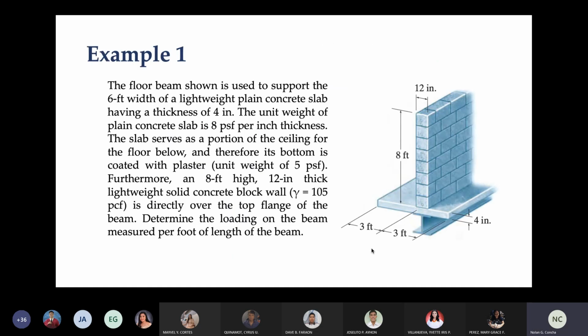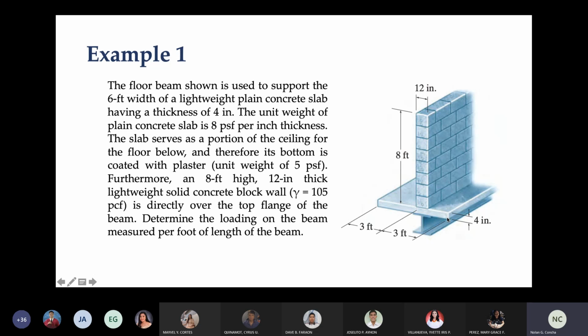So just to illustrate how to compute dead load, let's say you have here a floor slab, 6 feet in width, and the thickness is 4 inches. The unit weight of the plain concrete slab is 8 pounds per square foot per inch thickness.